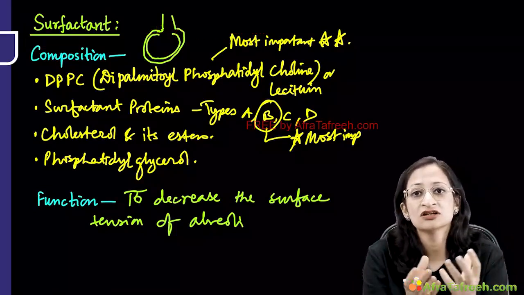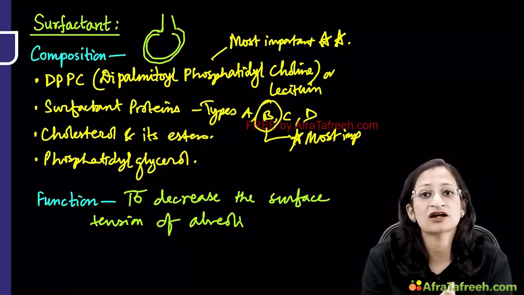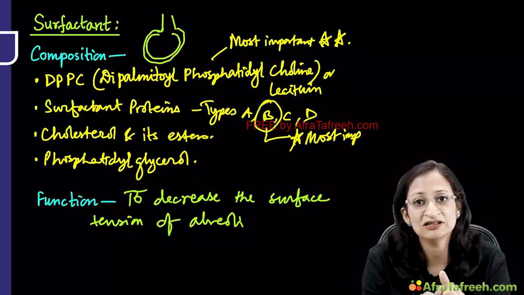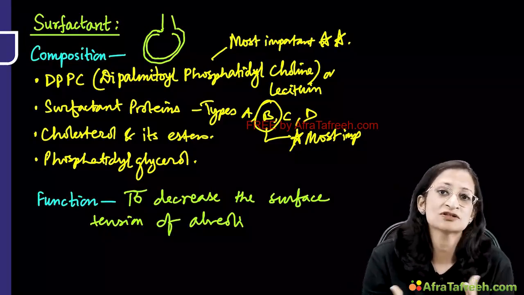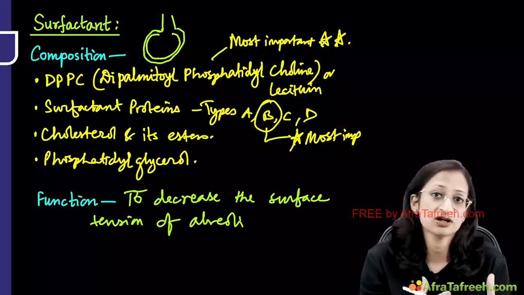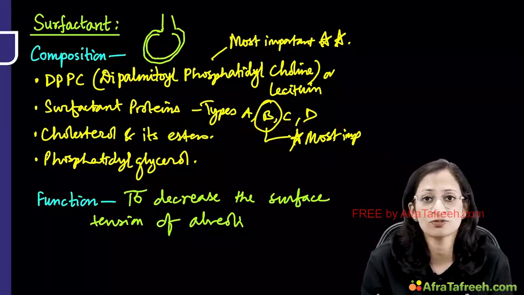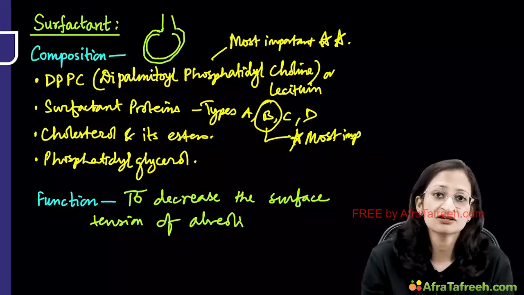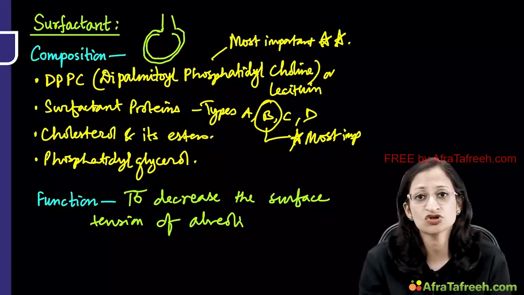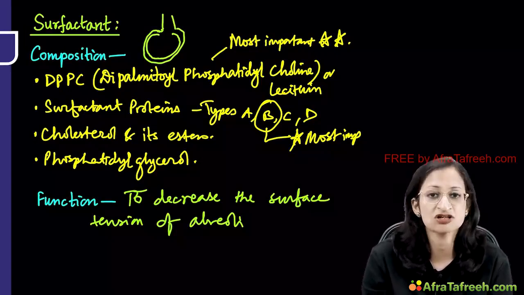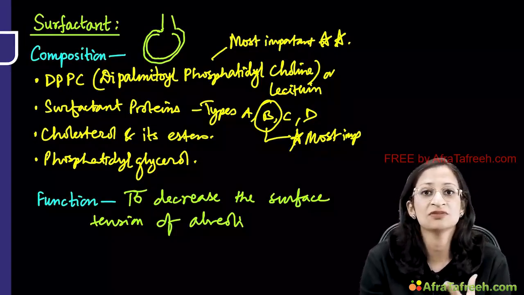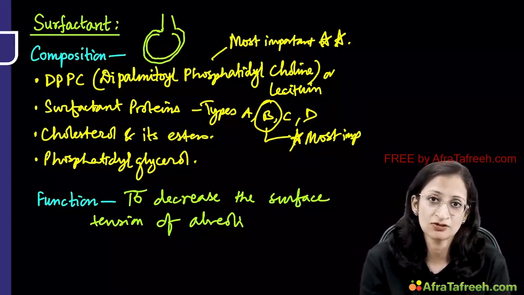During expiration, they sort of collapse, but surfactant prevents them from collapsing completely, because once they collapse completely, it is very difficult to open them again. You need more pressure to do that, and a lot of respiratory problems can develop. So surfactant, if present in adequate amount, helps in decreasing the surface tension of alveoli and keeping them in a partially open state, okay.